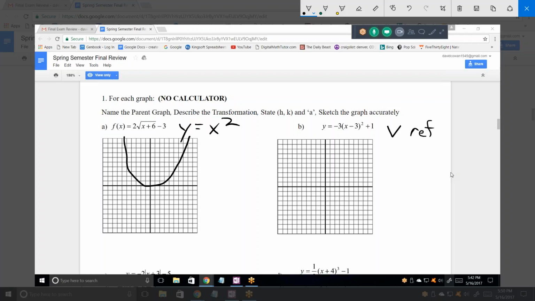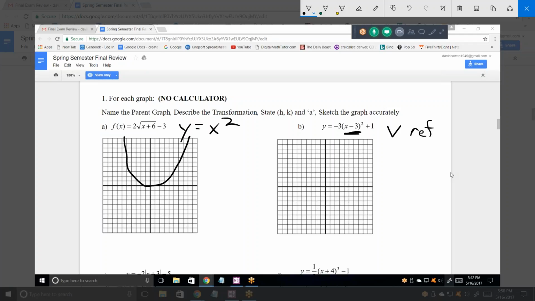Now, what does that mean? The vertical reflection means what? Reflection over which axis? The X. Correct. You see why I call it vertical? Yeah. Okay. And you see why else I call it vertical? Is because everything that's outside the function is a vertical.